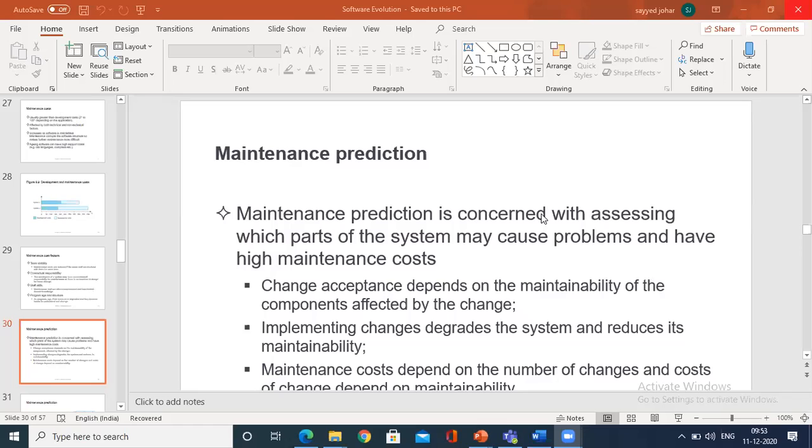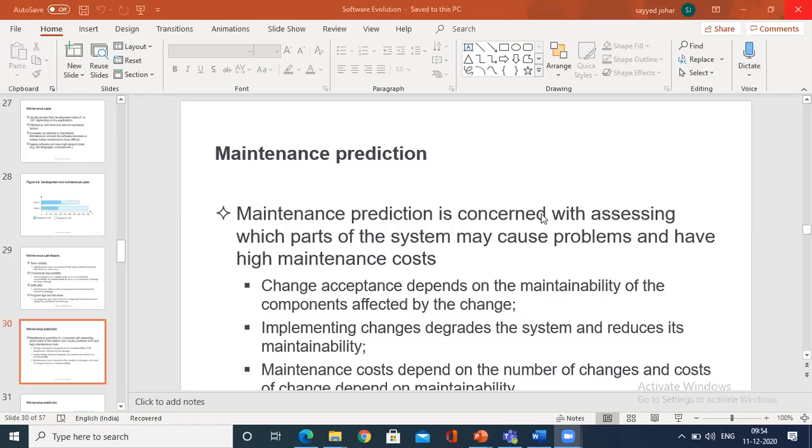Usually, if you consider a scenario, when do we do software maintenance? We are going to predict what system changes might be proposed, what could happen in future, right?